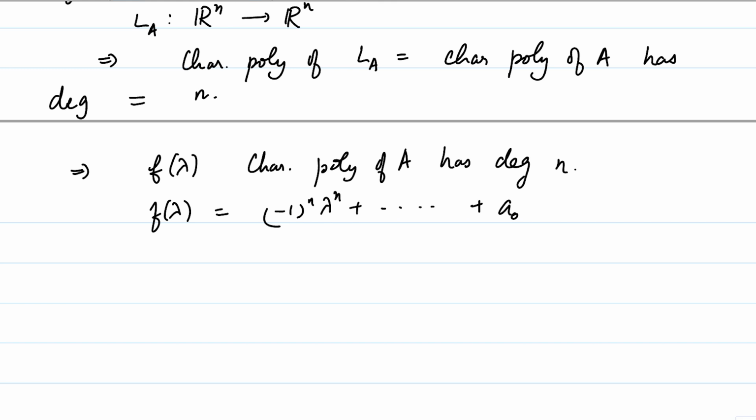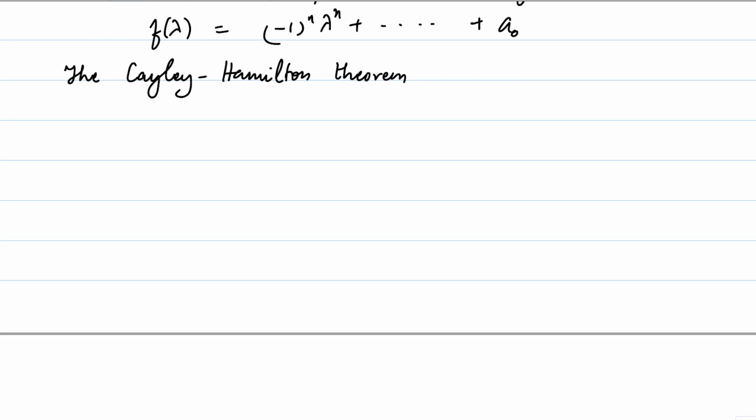Anyway, we are not interested in that, but nevertheless, by the Cayley-Hamilton theorem, the matrix A satisfies this polynomial. We have shown a version of the Cayley-Hamilton theorem for linear operators, but it's going to be the same. So it's going to imply f of L_A is equal to the zero vector. It's identically equal to 0. But what is the meaning of f of L_A?